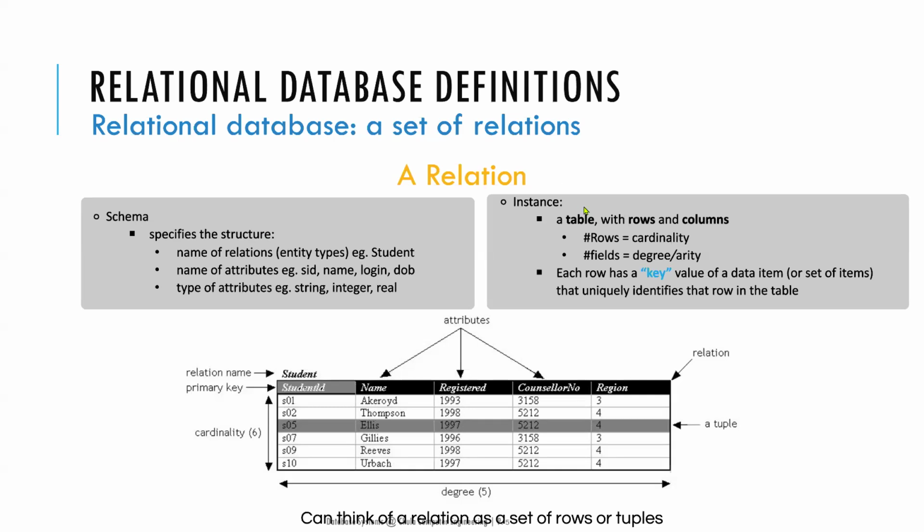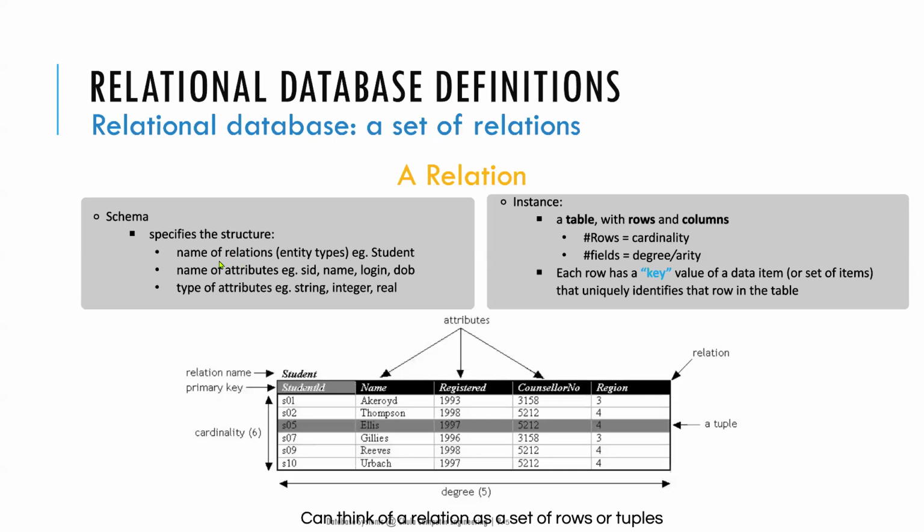So the schema is actually how it is constructed, the structure of the relation or structure of the table, while the instance is the data at one point, a snapshot of the data. So the definition of schema would say that it specifies the structure. So what would be included in the structure?